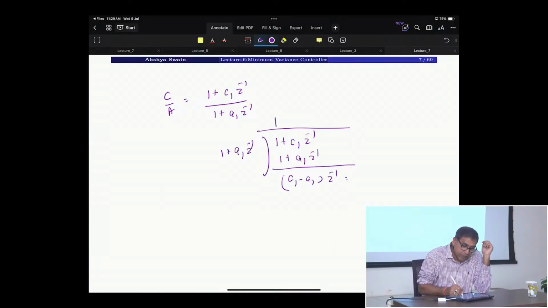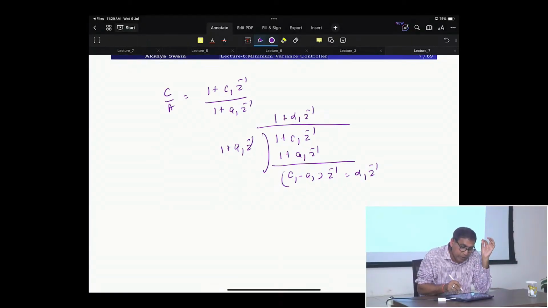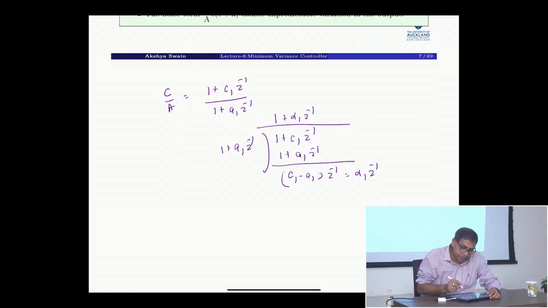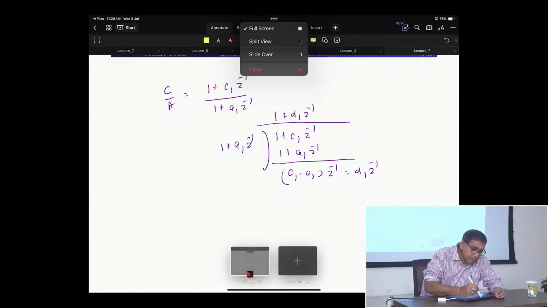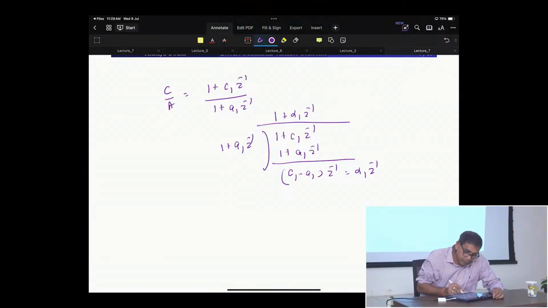Now let us assume, give it a name as alpha 1 z to the power minus 1. So now I will put alpha 1 z to the power minus 1, so this becomes alpha 1. This becomes alpha 1 z to the power minus 1 plus alpha 1 a1 z to the power minus 2.